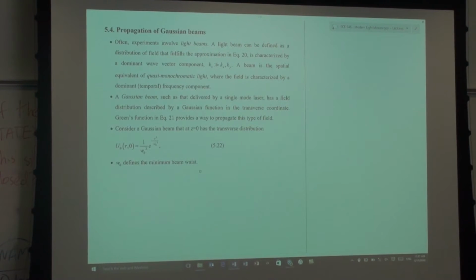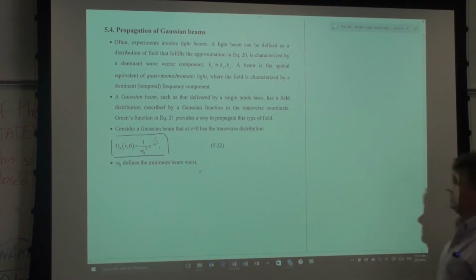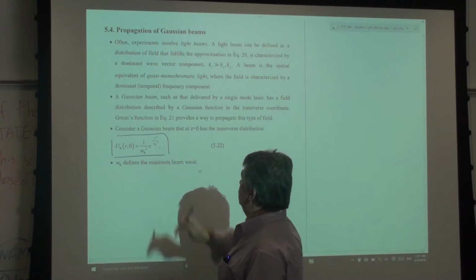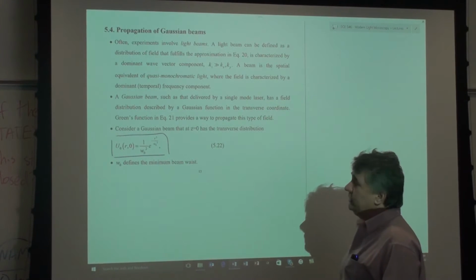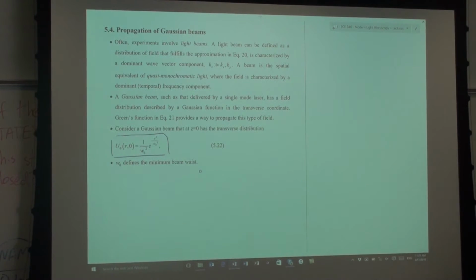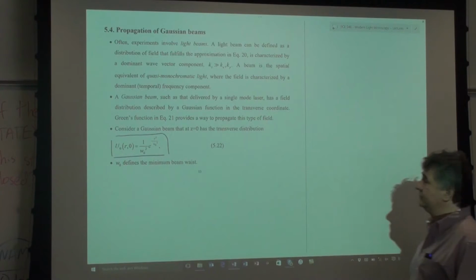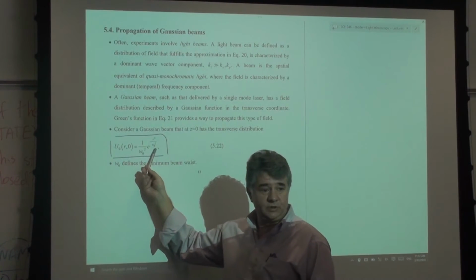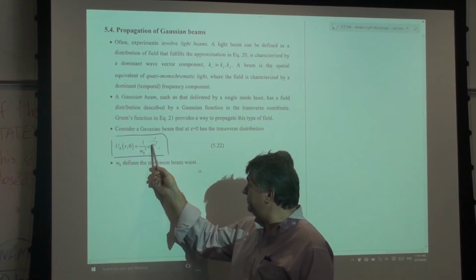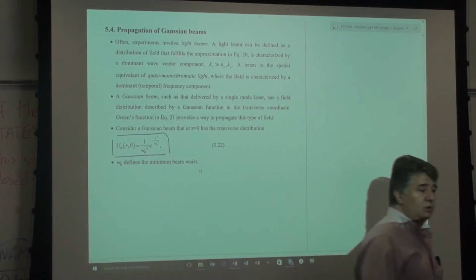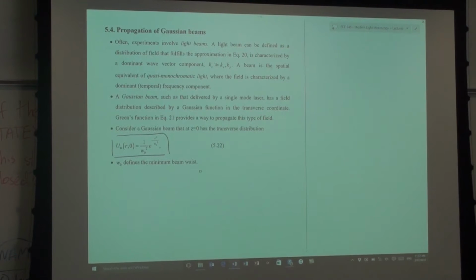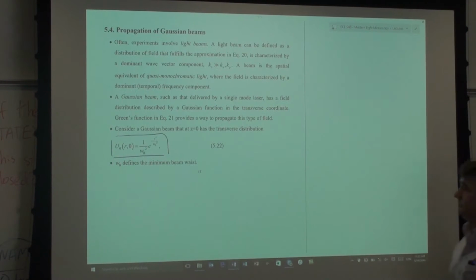Okay, so now let's say I have a Gaussian beam from somewhere that looks like this. And I want to calculate how this propagates through various components. For some reason, most of the Gaussian optics has the Gaussian function without the 2 in here. I would rather put a 2 in there, so this W becomes a standard deviation.